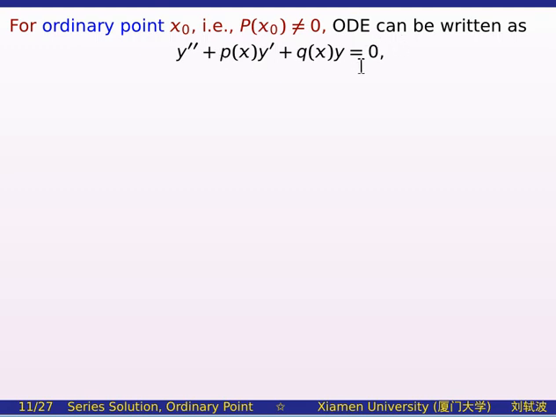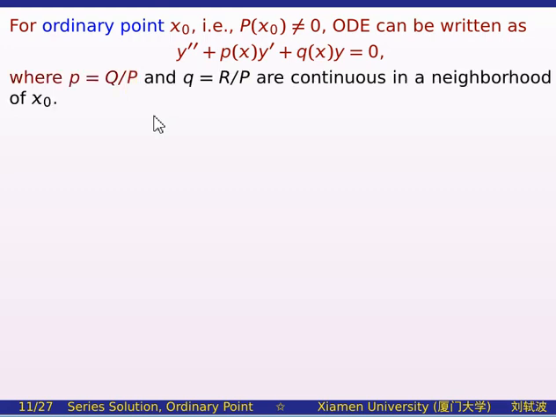Rewriting the equation in this form. Here, the small p and small q: small p is the original coefficient of y prime divided by p. We can divide by p because in the neighborhood near x0, p(x) is not 0. Similarly, small q is r divided by p.